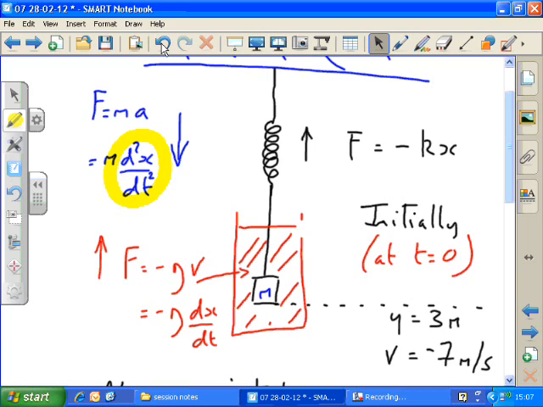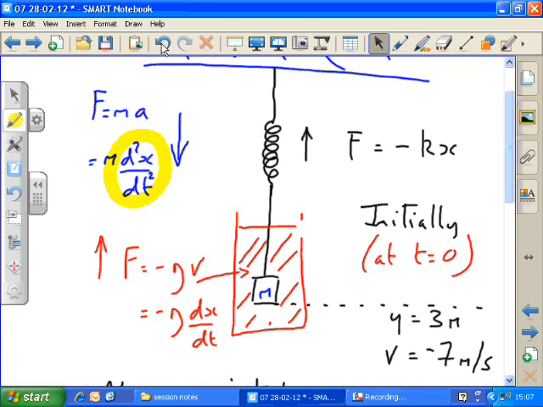If you think about velocity, velocity is the rate of change of displacement with time, dx by dt, and the acceleration is the rate of change of velocity. So that's dv by dt or d2x by dt squared. So we can write the force due to gravity as m d2x by dt squared.